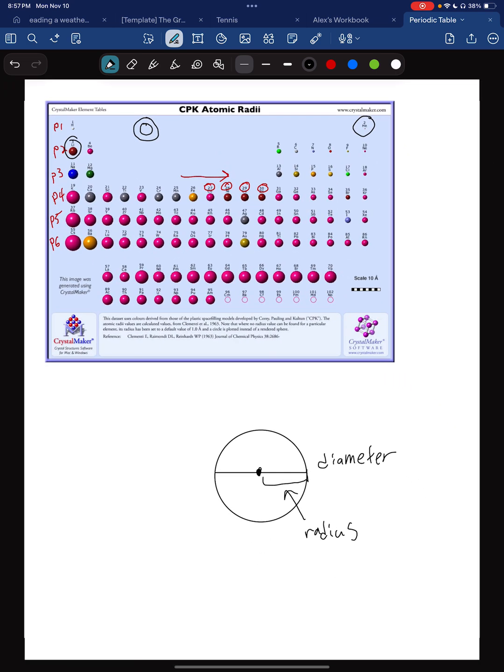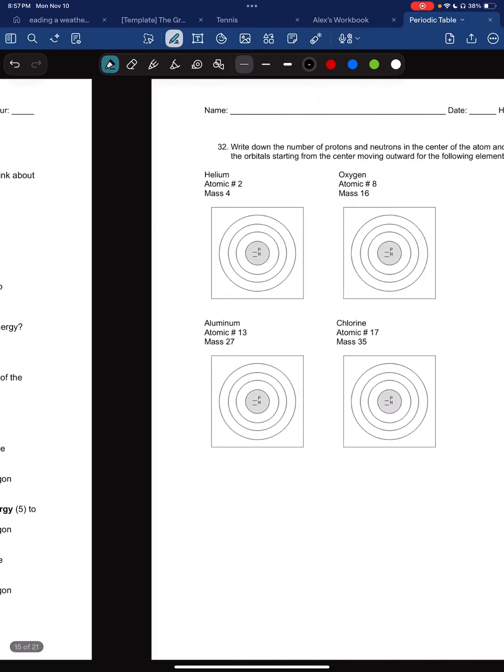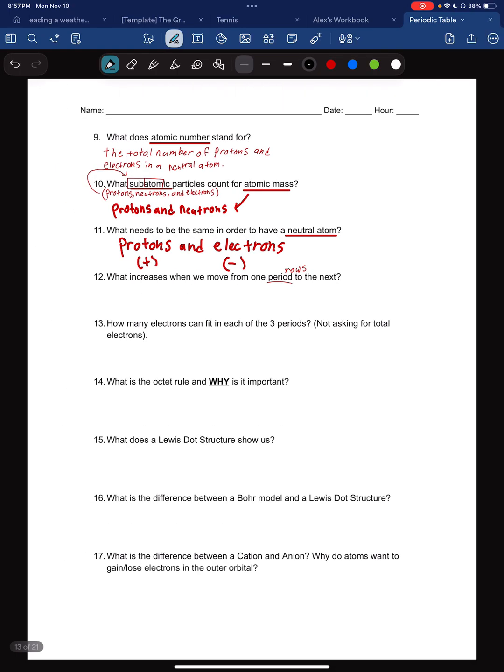So we're going to go back to here. What increases when we move from one period to the next?